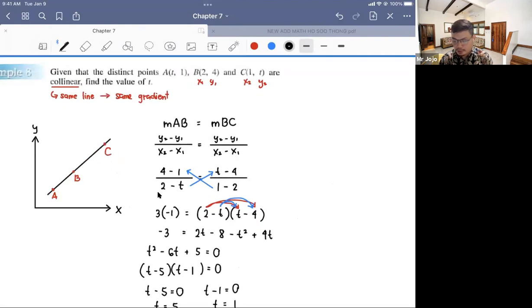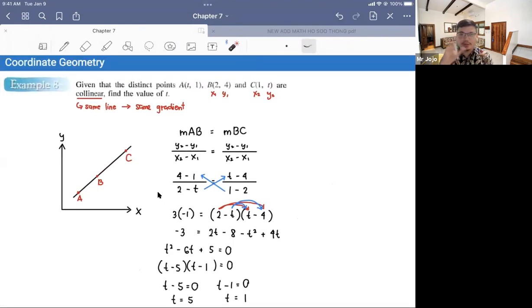Okay, now let's analyze this one. It involves a little bit of analysis. Let's begin with 1. If you put 1 as the value of t, look at point A and point C. They will be the same, right? Which is not possible since they are collinear.